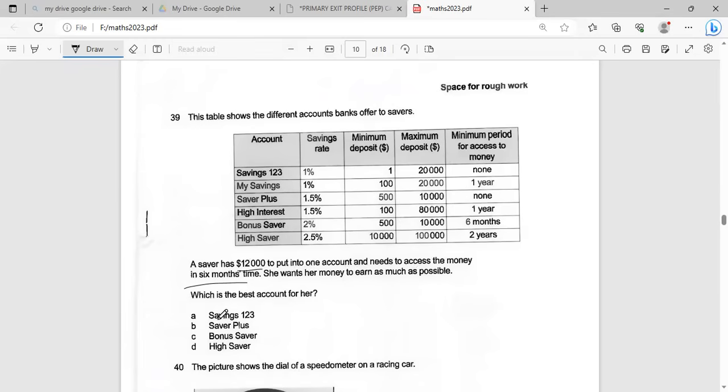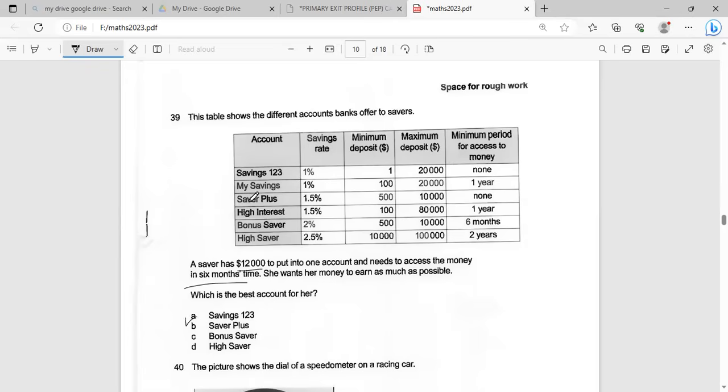All right, so let's look at savings. 1, 2, 3. So it's 1%. Minimum deposit is $1. So that can work. Minimum period to access it, none. So you can get it the same day. All right, so this is legit.